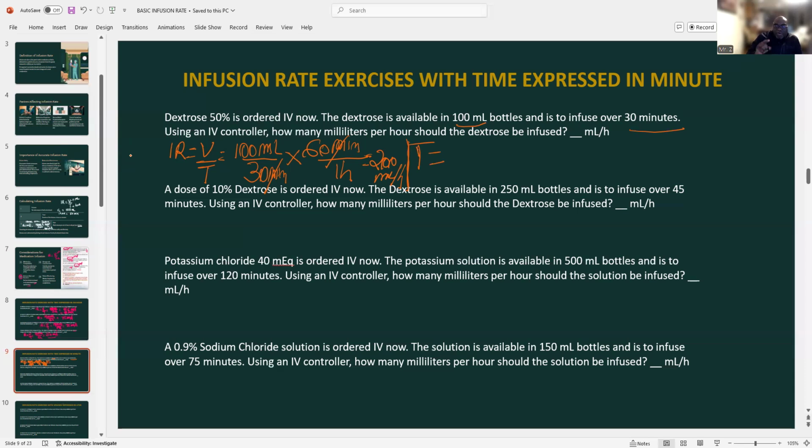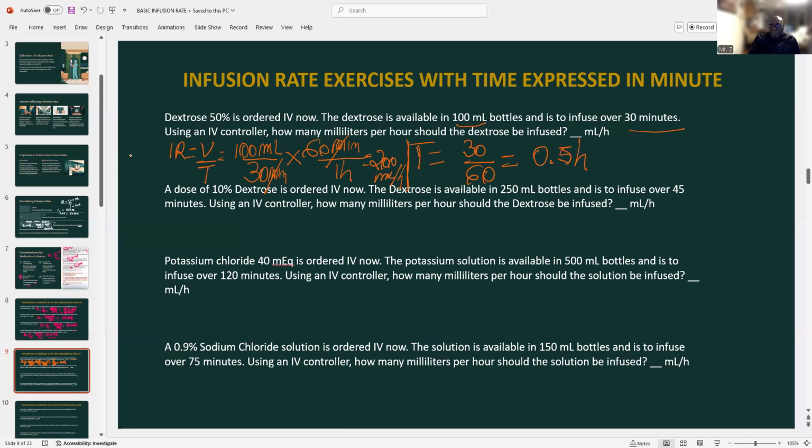So the second approach is to get your time and, to go from minute to hour, divide that by 60. So you got 30 minutes right there. Divide that by 60. This is how you get the number of hours. So this is going to be 0.5 hours. Now, you know your time is in hours.